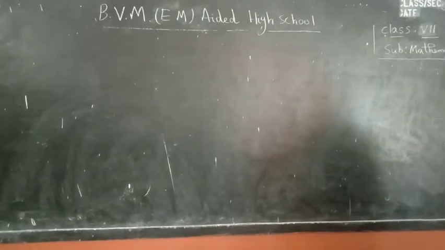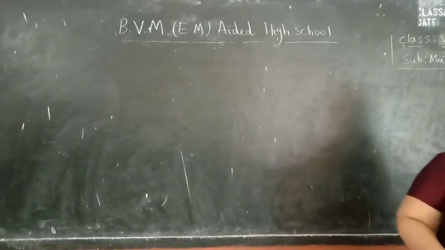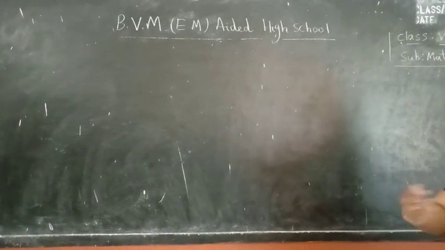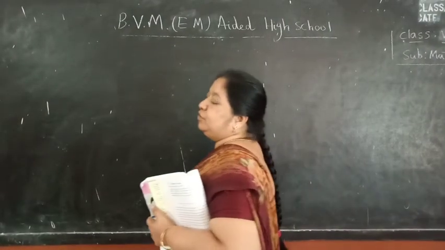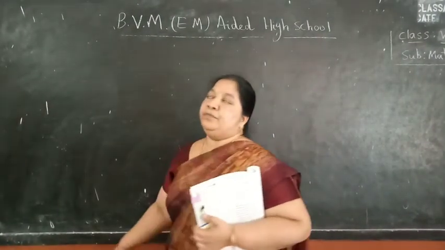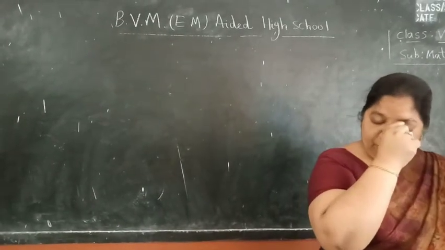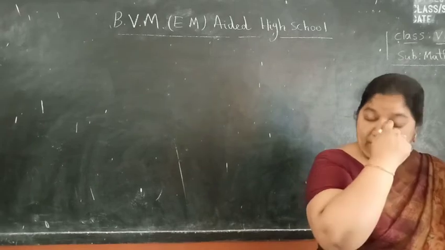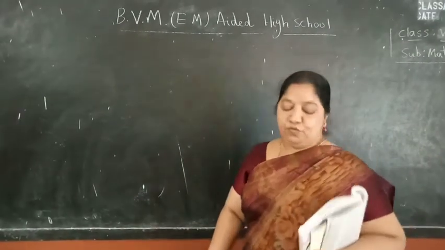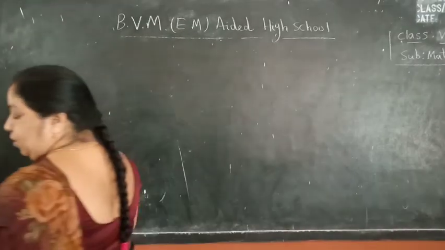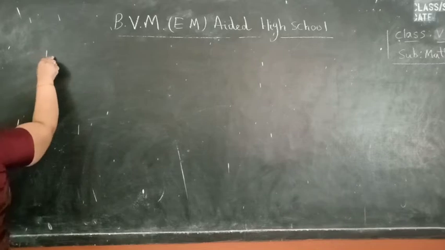Altitudes do not always lie in the interior of the triangle. The altitude, the height of a triangle, sometimes lies in the exterior of the triangle also. Suppose you take an obtuse triangle; then you find the height in the exterior of the triangle. So fourth answer: does an altitude always lie in the interior of the triangle?